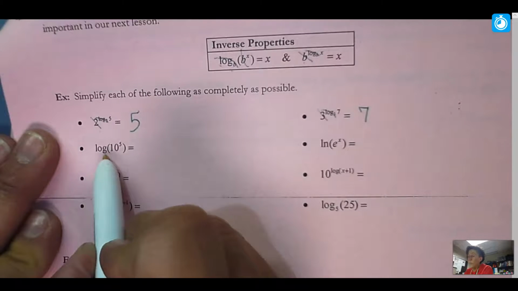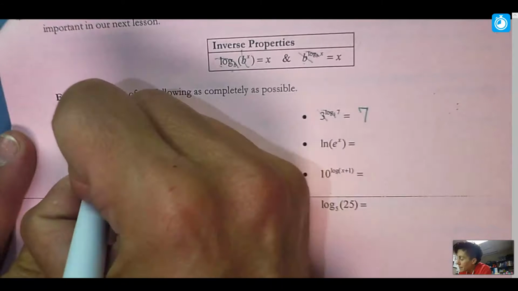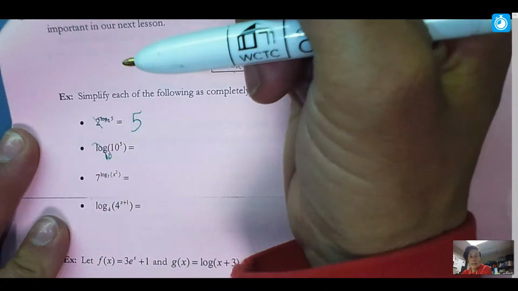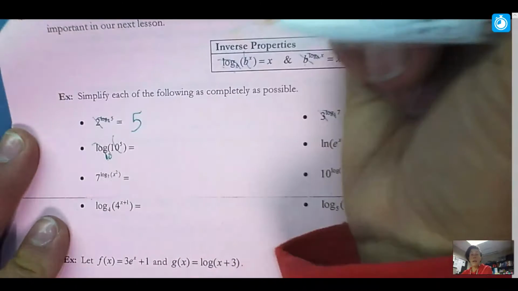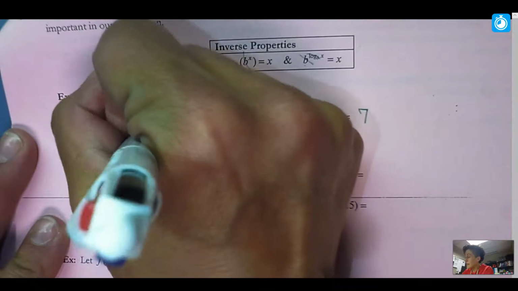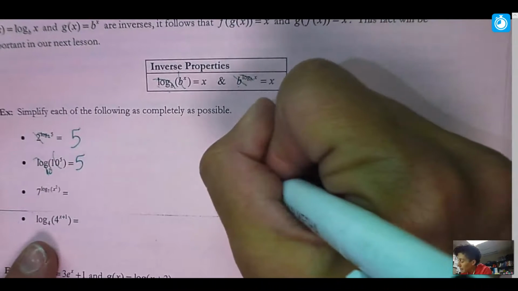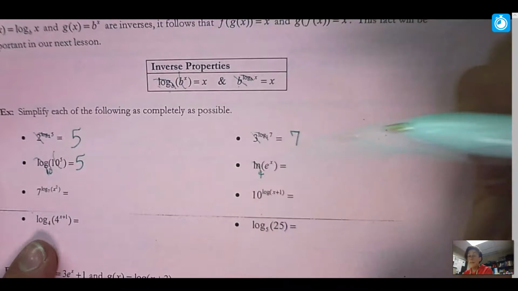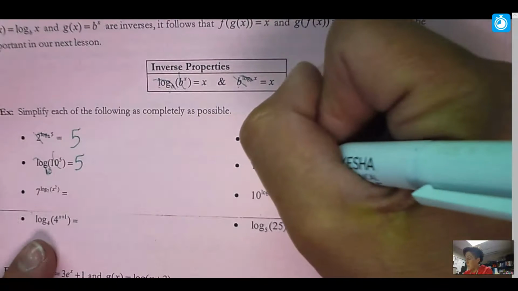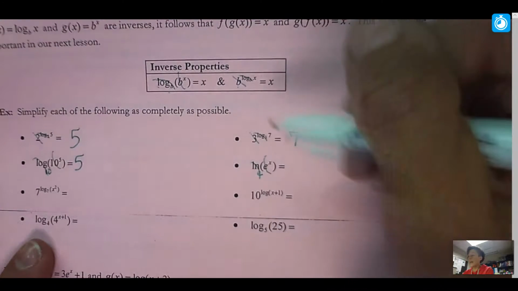You're not left with nothing. So in this one, where is the base? Just remember that it's an understood 10, and so this log base 10 cancels out this exponent base 10, and what I'm left with is 5. In the ln, the understood base is e, so the ln, base e, cancels out the base of e in the exponent, and I get an x.